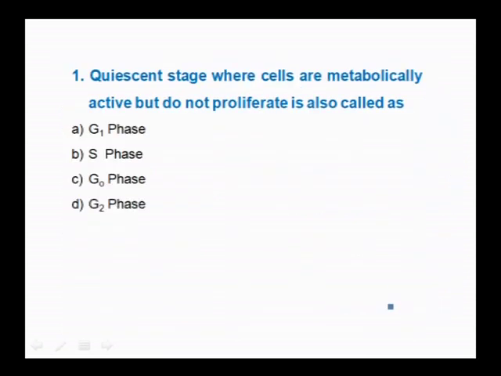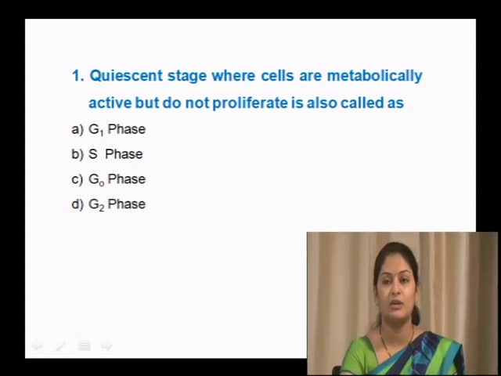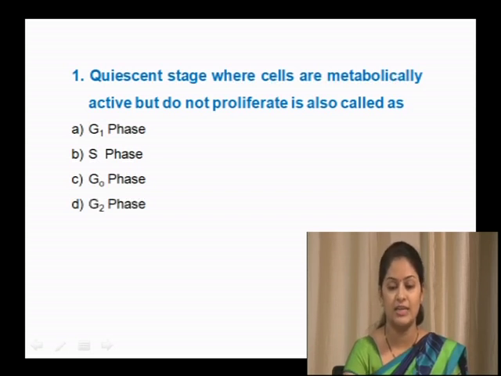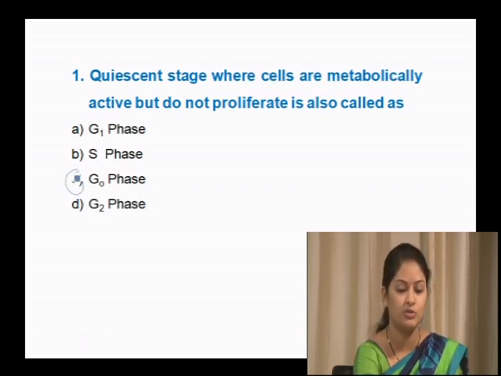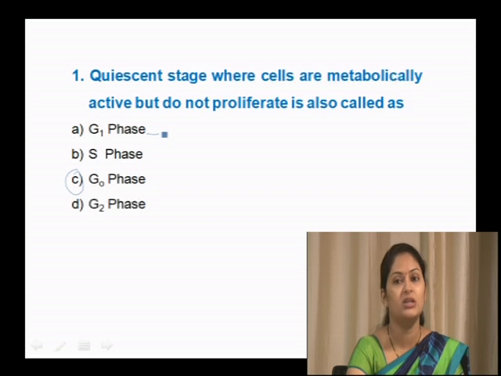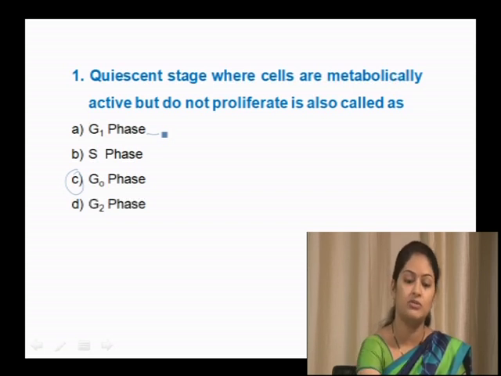Moving on to questions. The first one: quiescent stage where cells are metabolically active but do not proliferate is also called as. The meaning is the same: the cells are metabolically active but they do not multiply or divide. So, it is indicating that the cells are active but they are not dividing. The answer for this is, as mentioned before, option C. In G1 phase there will be preparation for mitotic division. All the proteins for DNA synthesis as well as cell division will be formed during G1 phase.